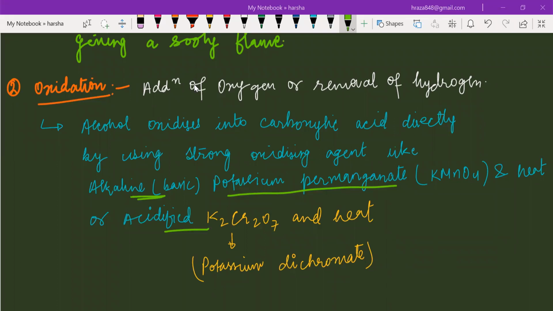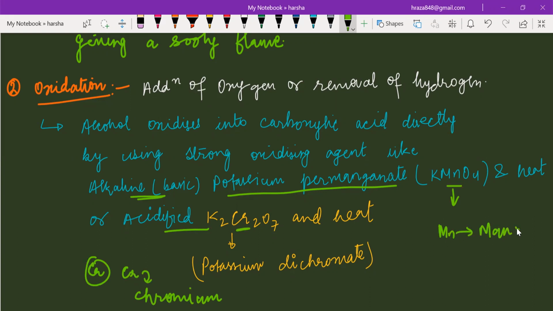Sir, what is potassium dichromate? K2Cr2O7. Cr is chromium. It is a D block element. And this is your Mn, that is manganese.